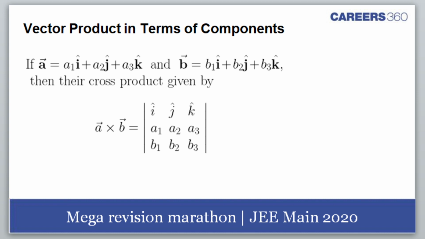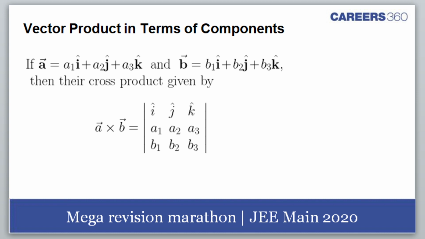How do we do this? A cross B, we write i j k in the first row, and then a1 a2 a3, then b1 b2 b3. If it is b cross a, then I'll write the second row as b1 b2 b3 and the third row as a1 a2 a3. So that will give me the result of b cross a.